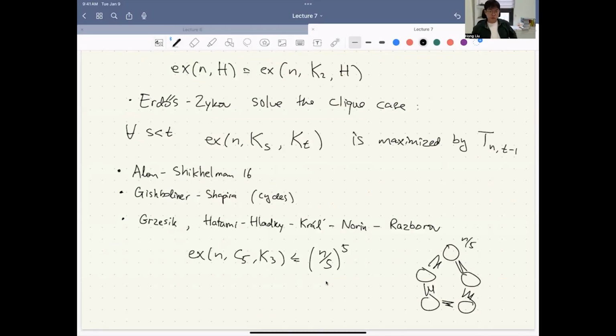It's triangle free, and C5 is this many.